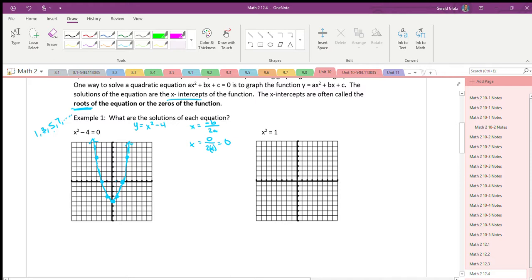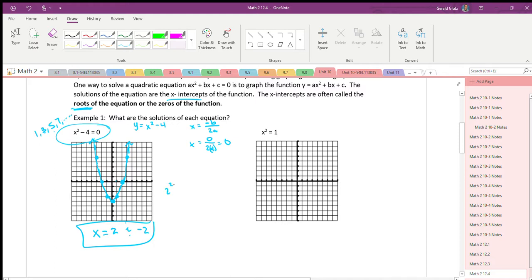Now it's easy to see where the two x-intercepts are, or the two roots. The two roots are at x equals 2 and x equals negative 2. So we would have two answers. That means I could either plug in 2 for x or negative 2, and the statement would be true.